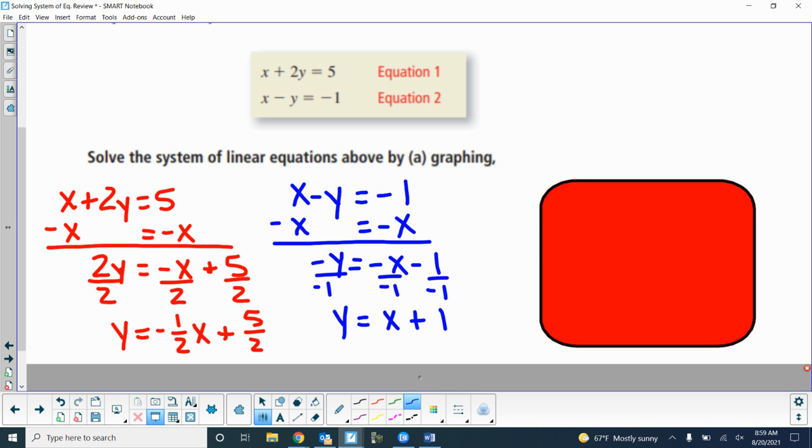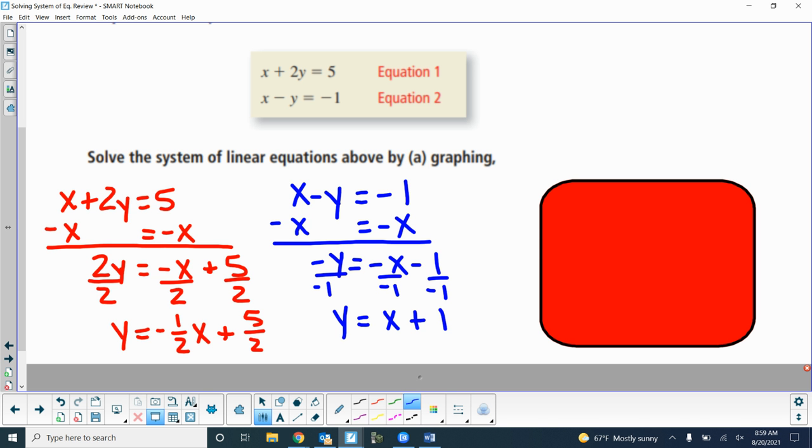So we're going to go up the y-axis 2.5, and then from there go where? Emma, what did you say? 1 over 2. Up 1? We go right or left 2? Oh, left, because it's negative, right?